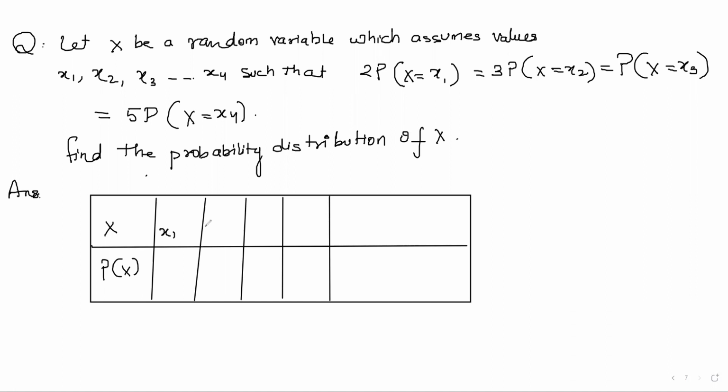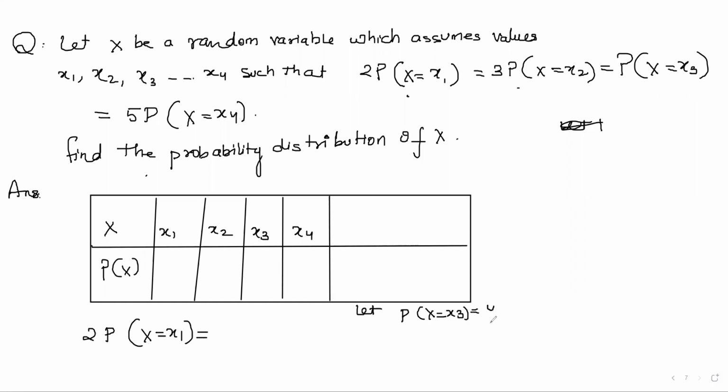X is x1, x2, x3, x4. Okay. And here they're saying that for this one, twice of probability of x is equal to x1 is equal to thrice of this. This is given twice of p, this. So if we will assume, let me write here, let P(X) is equal to probability of random variable 3. Let this be any variable.